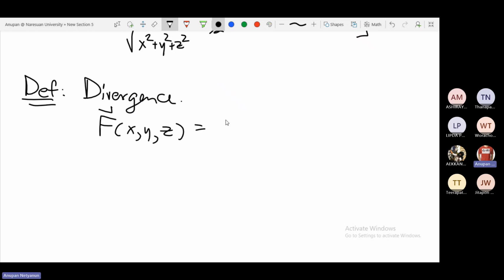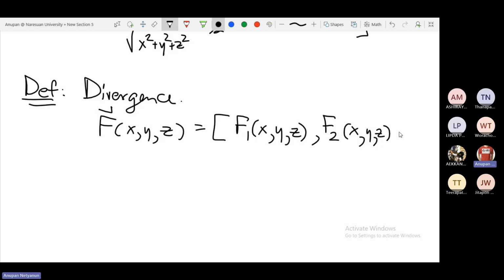The first component is f1, which is the x component, but depends on x, y, and z, and then f2, which depends on x, y, and z, and then f3 depends on x, y, and z also.